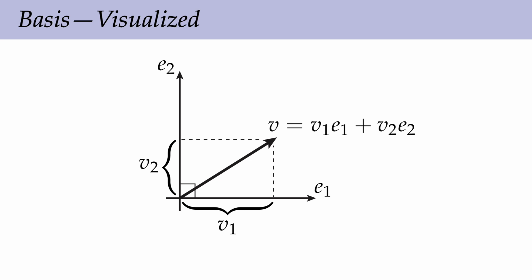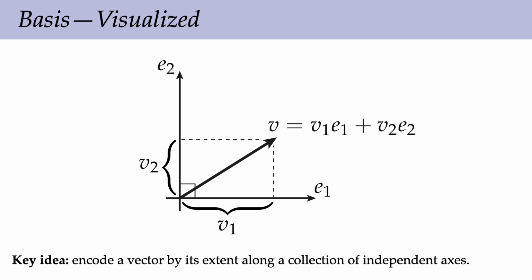And then v is the vector that I get by starting at the origin, walking a distance v1 along e1, and then walking a distance v2 along e2. Okay, so that's the idea. We can encode a vector by its extent along a collection of independent axes.